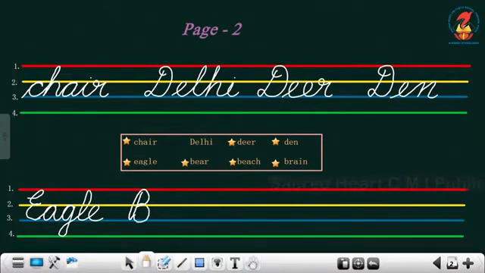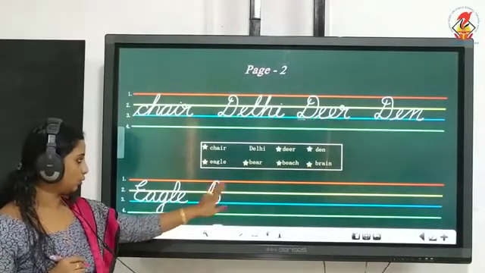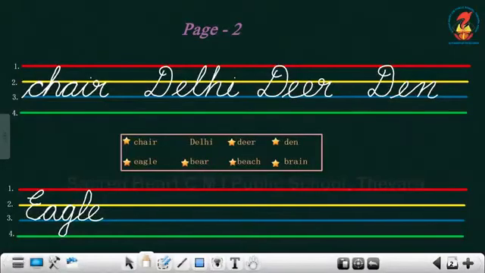Again making a big curve, and there's a curve inside. So that is capital letter B. I'll show you once more. Just beneath the first line, you have to start slantingly down, go straight to the red, curve, the second curve, and the third curve becomes your beautiful B.